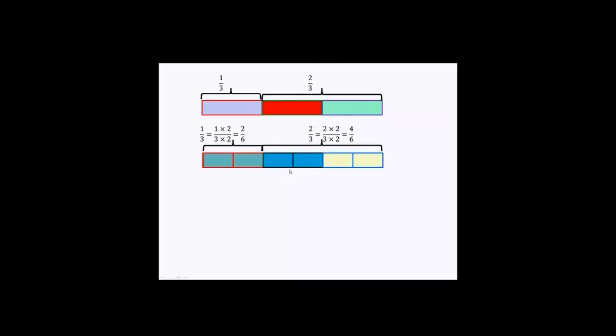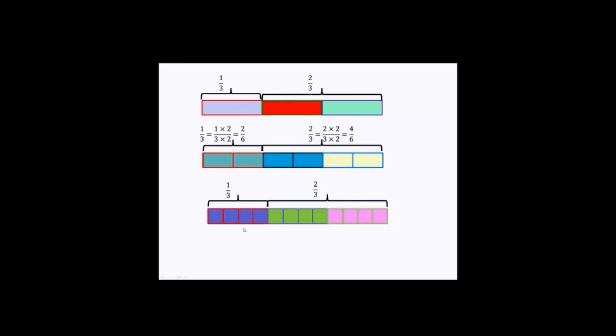Similarly, 2/3, where was 2/3? We have 2 groups of 2's out of 3 groups of 2's. Let's take a look at this example. Again, I have 1/3, and I'm breaking this 1/3 up now into equal groups of 4. So one group of 4, second group of 4, third group of 4. So what do you think this is going to be represented as?